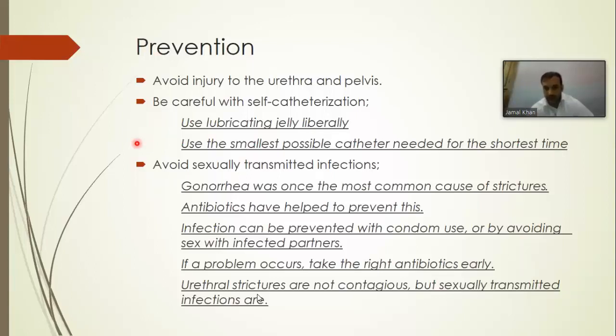Gonorrhea was once the most common cause of stricture. Antibiotics have helped to prevent this. Infection can be prevented with condom use or by avoiding infected partners. If a problem occurs, take the right antibiotic early. Urethral strictures are not contagious, but sexually transmitted infections are.